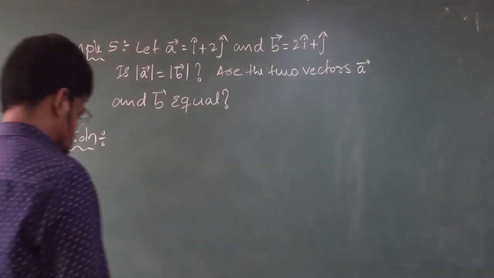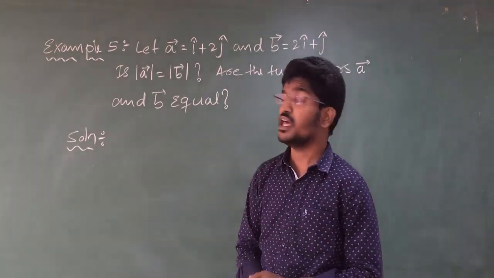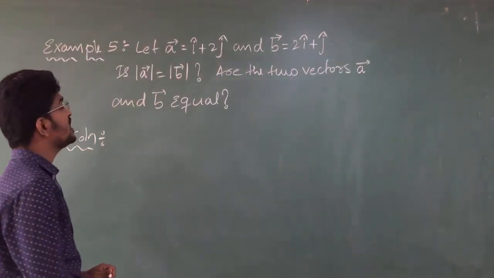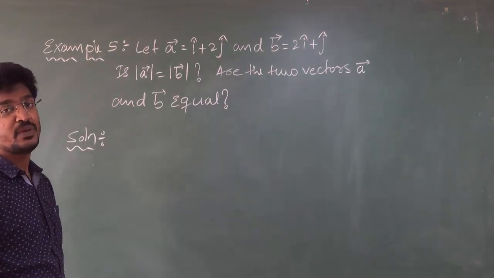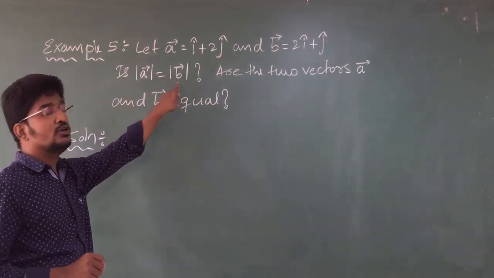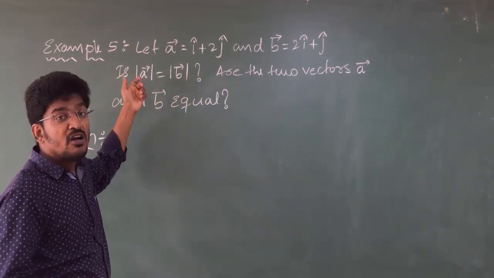Okay students, now let us see the fifth question, that is example 5. Here let vector a equal to i cap plus 2 j cap and vector b equal to 2 i cap plus j cap. Is mod of vector a equal to mod of vector b? Here mod means magnitude.